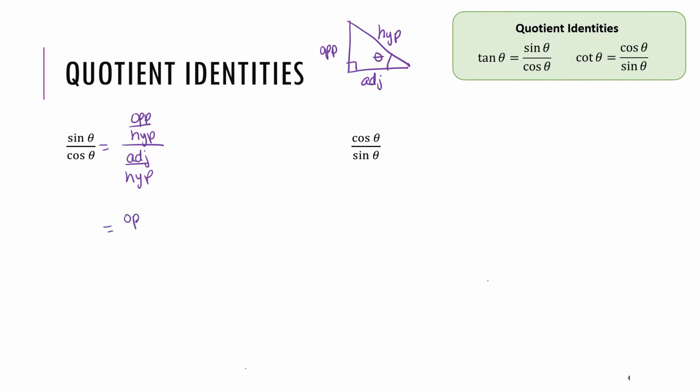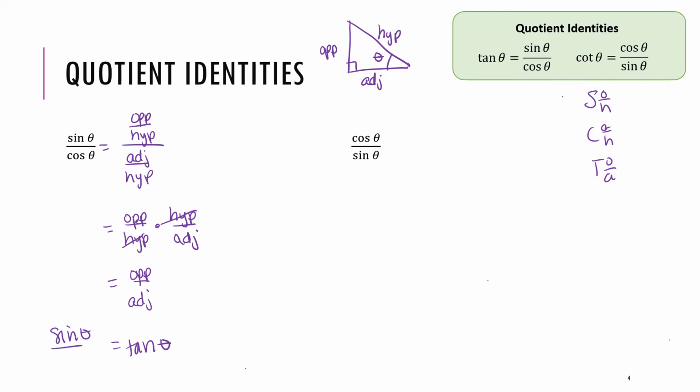When we divide these fractions, we flip the second and multiply. Our hypotenuses cancel, and we're left with opposite over adjacent. If you remember SOHCAHTOA, opposite over adjacent is tangent. So what this implies is that tangent is equal to sine over cosine. This works for cosine over sine as well.